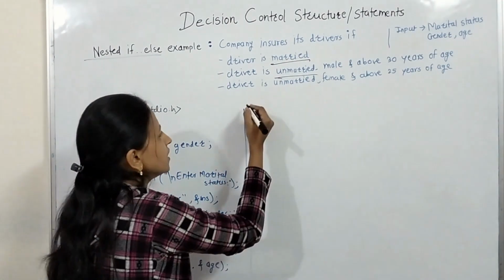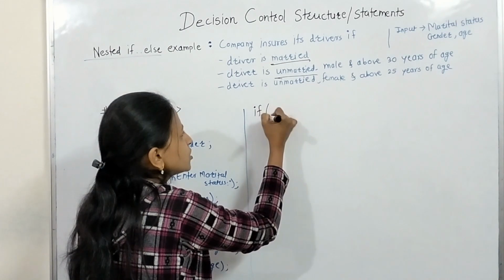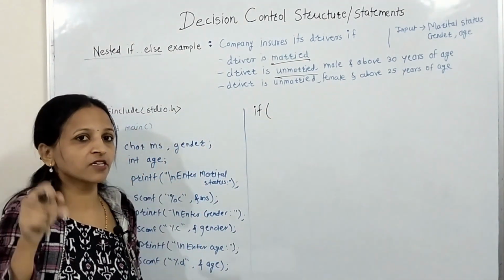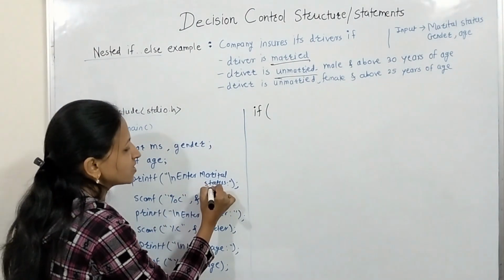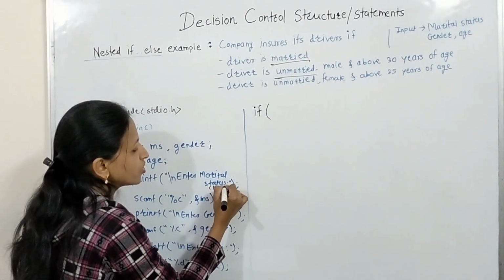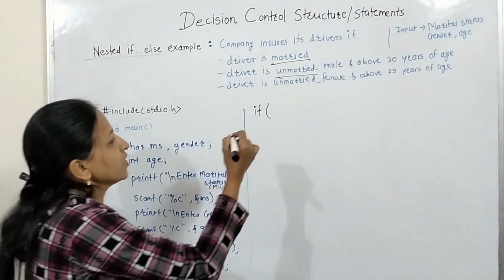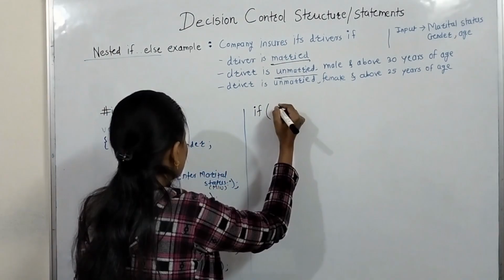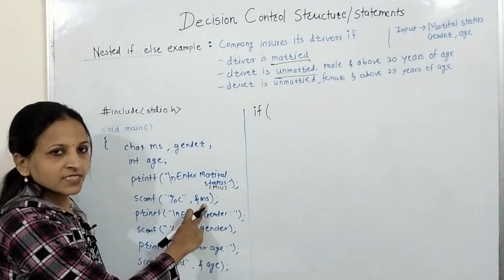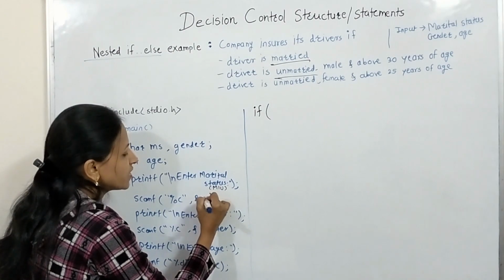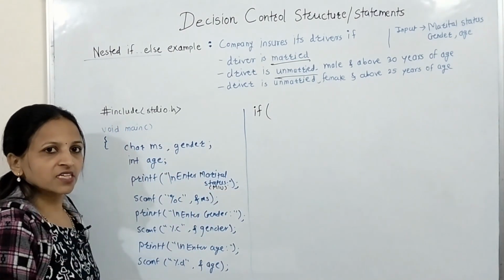Now see here, the first thing is we have to check whether the driver is married or not, and here we will consider that the user will enter the marital status as capital M or U. That's why we can check like this. The marital status is stored inside the MS variable we declared for marital status.